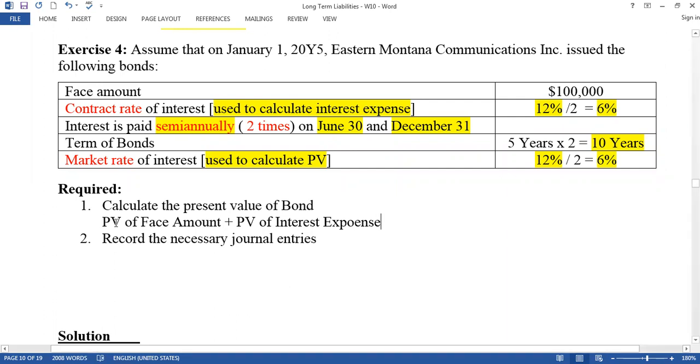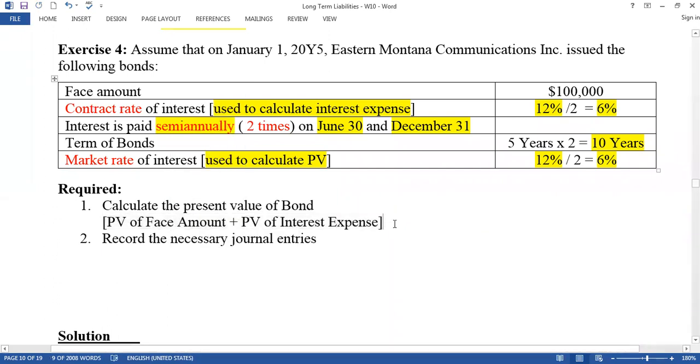If we add these two together, we get the present value of the bond.